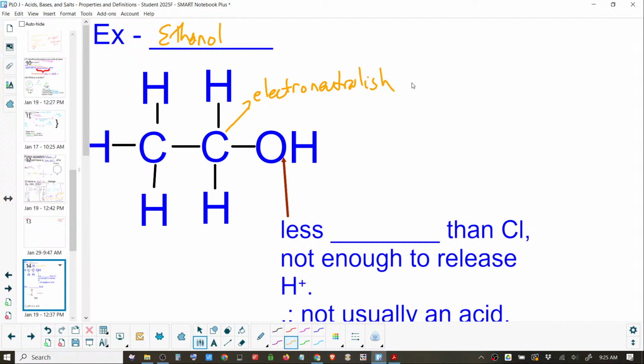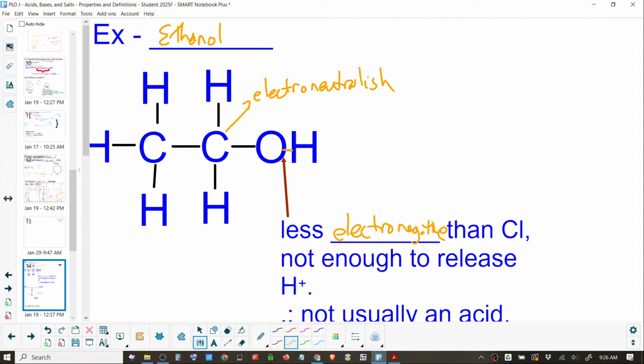It also means that this bond here, because hydrogen wants to keep its electrons, keeps that fairly neutral. Oxygen is pulling in the electrons a little bit, that is polar, but oxygen is less electronegative than chlorine, and so it's not quite enough in this case to release the H plus.